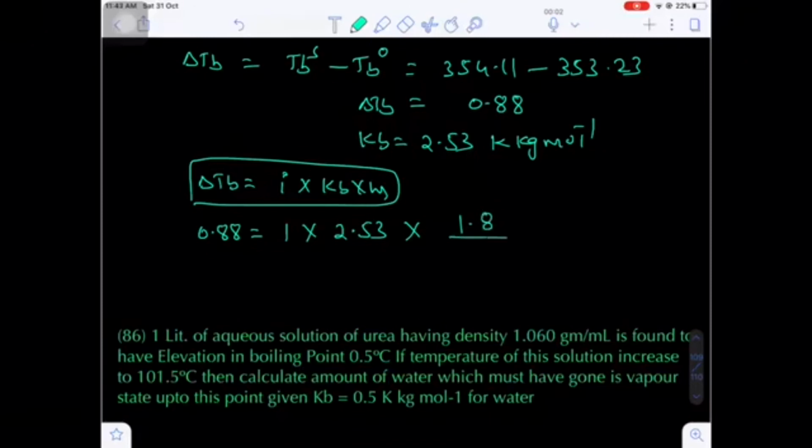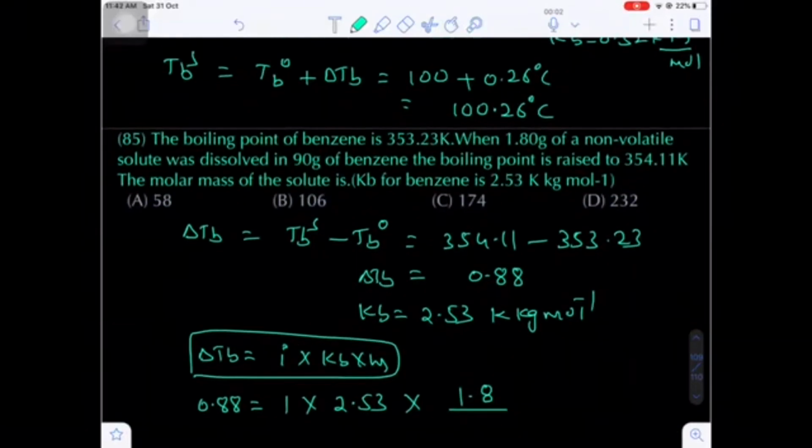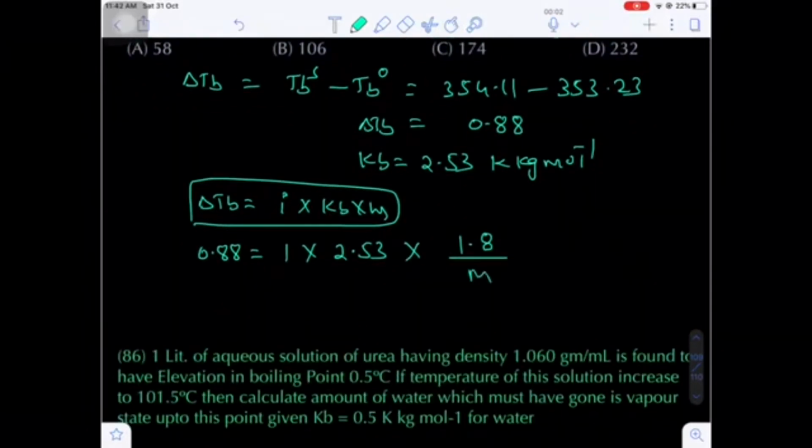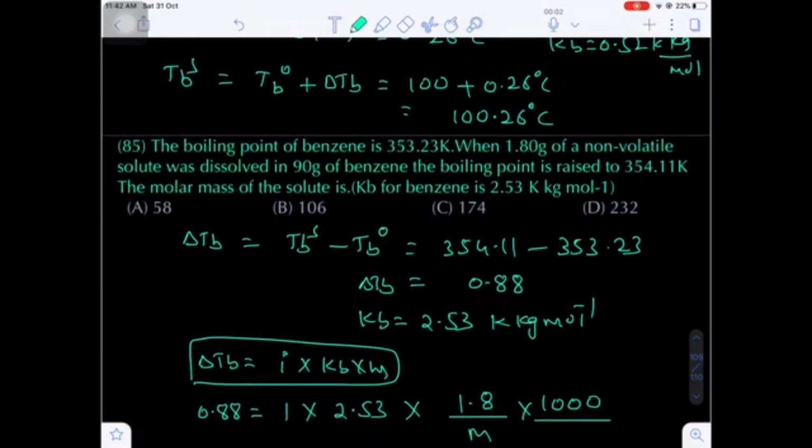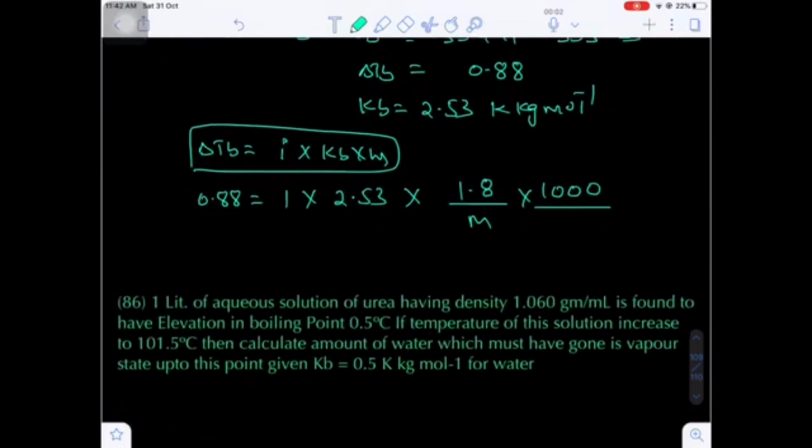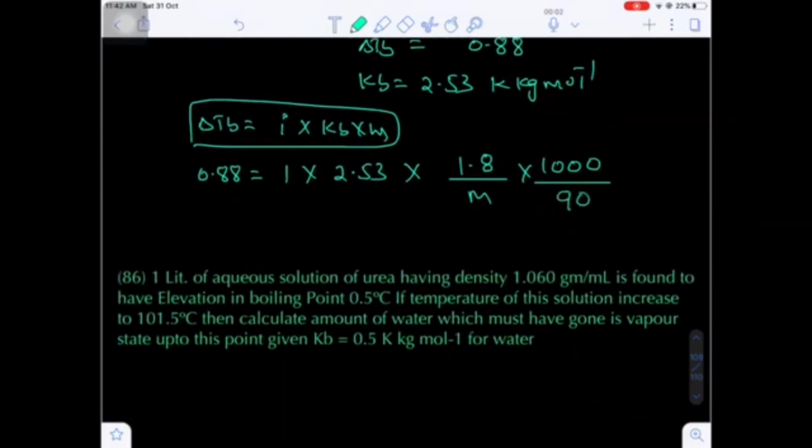How to find the number of moles of solute? Given mass, that is 1.8 grams, by molar mass of the solute, into 1000 by weight of the solvent. The weight of the solvent is 90 grams, that is the benzene. After simplification of this, you will get the molar mass of the solute, which is 57.5 gram per mole.